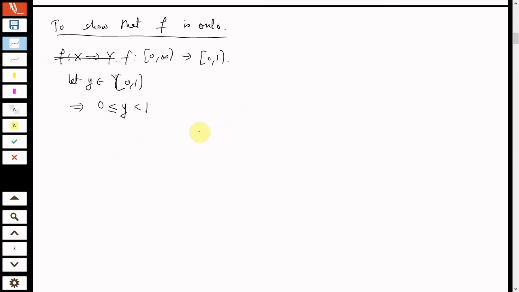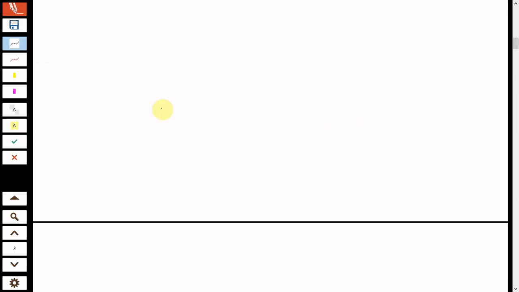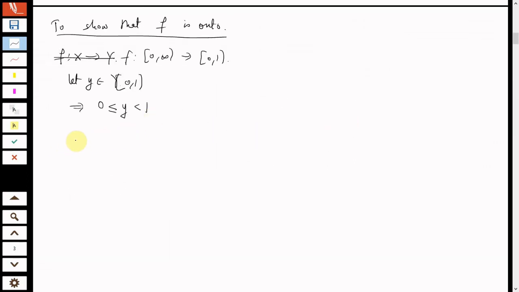Now we want x, greater than or equal to 0, such that f of x is equal to y, that is x by x plus 1 is equal to y. Let's see if we can have such x in 0 comma infinity. If y is equal to x by x plus 1, let's evaluate the value of x in terms of y. So this implies y into x plus 1 is equal to x.